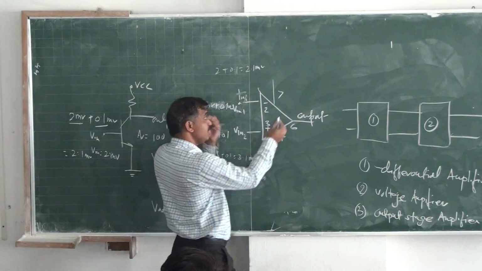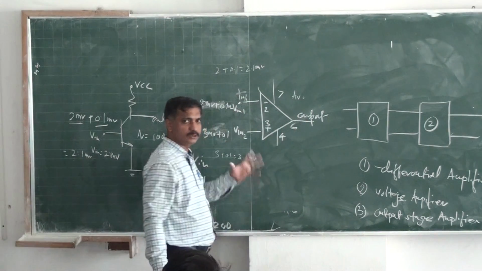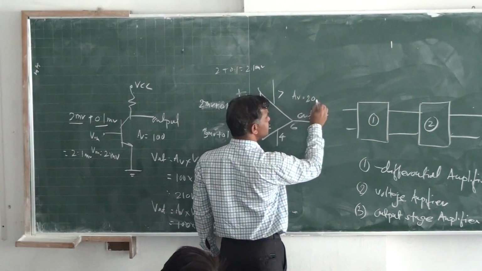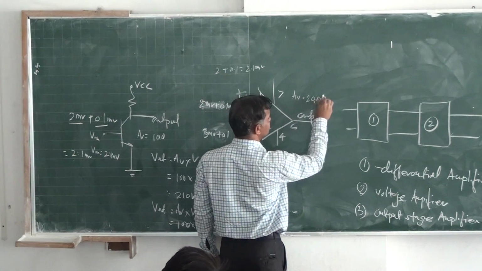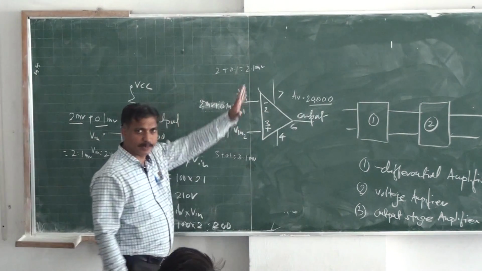Let's say the gain AB is the open loop gain of this op-amp. For understanding purposes, let's say it is 20,000. This is the open loop gain of the op-amp.